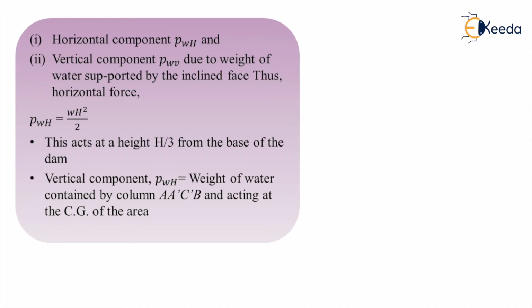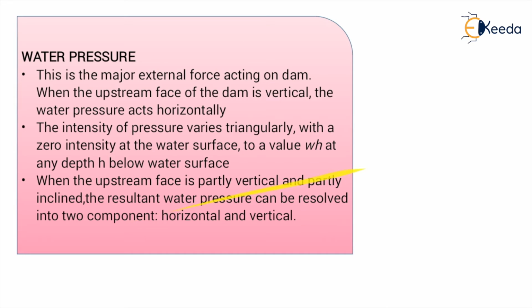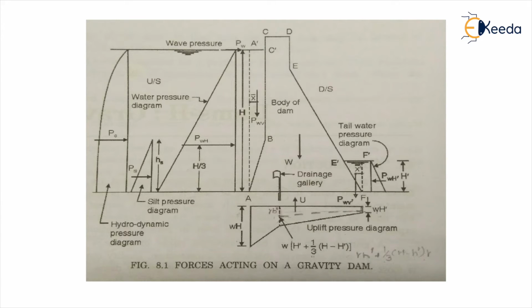It is equal to the weight of water contained by the column, as in this diagram, contained by the column A dash, C dash, and B. The content of this part can be termed the vertical component of the water pressure, and it acts at the CG, the center of gravity of the area.